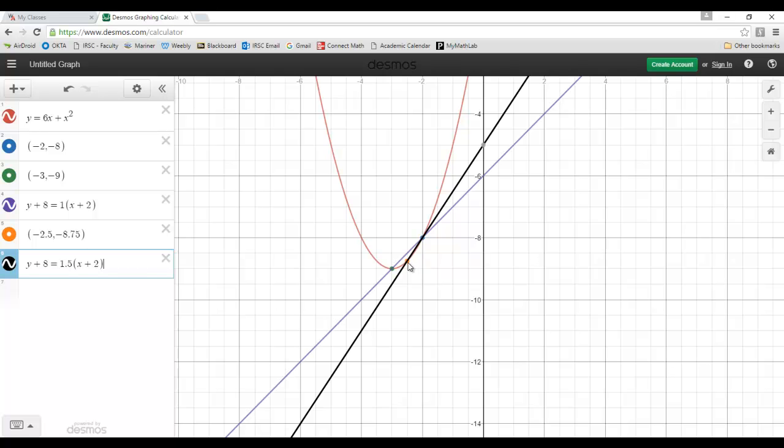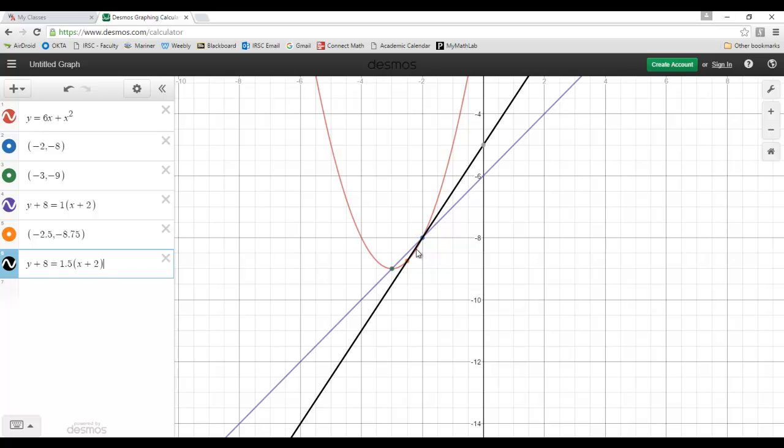So there is the secant line that passes through the orange and blue dots. So this black line is now a better approximation for our tangent line. The purple line was an okay approximation. The black line is a better approximation.